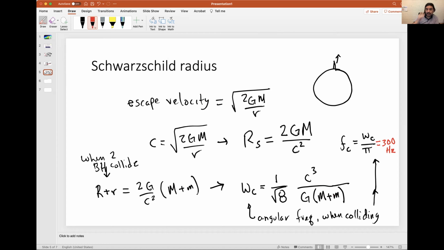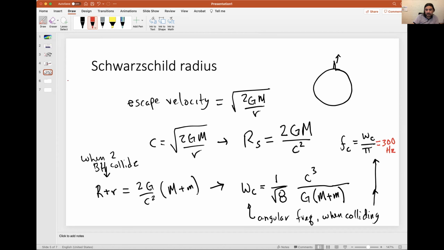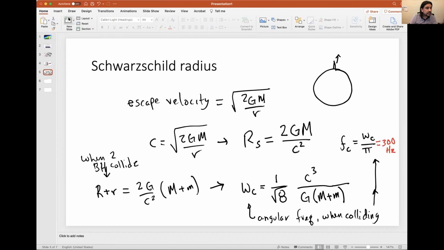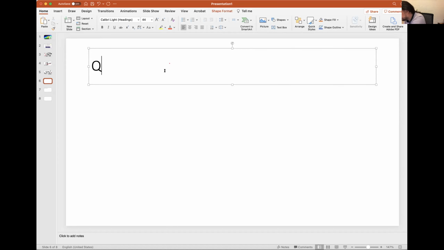If we use the 300 value, what is the combined mass? Should I do the algebra for this one? So let me write this out. This is your first question for you guys, question 1. Estimate big M plus little m.